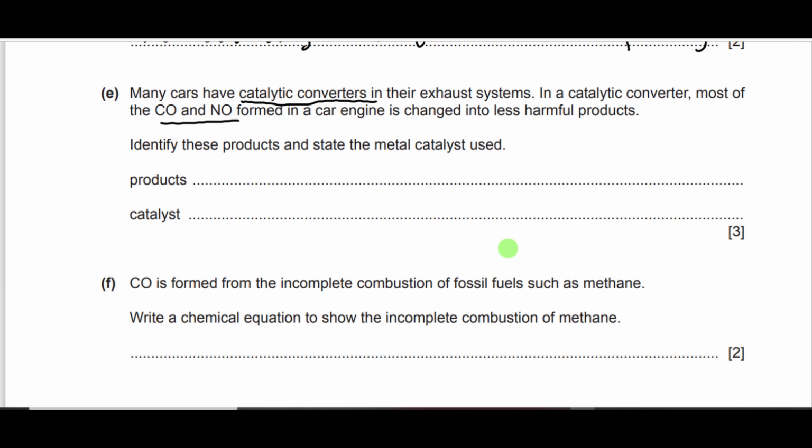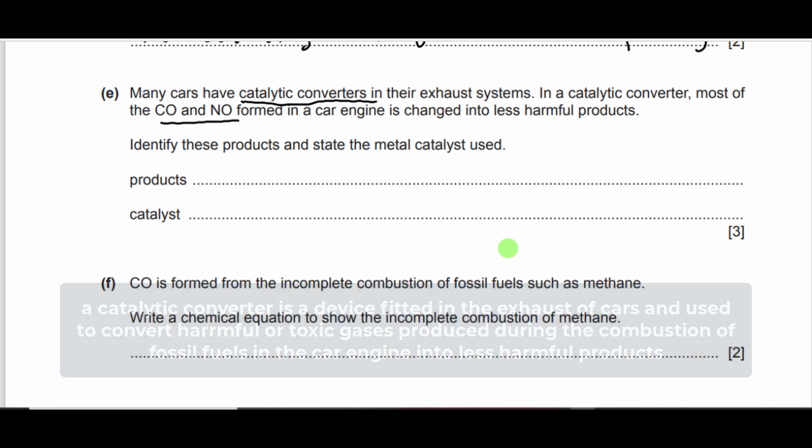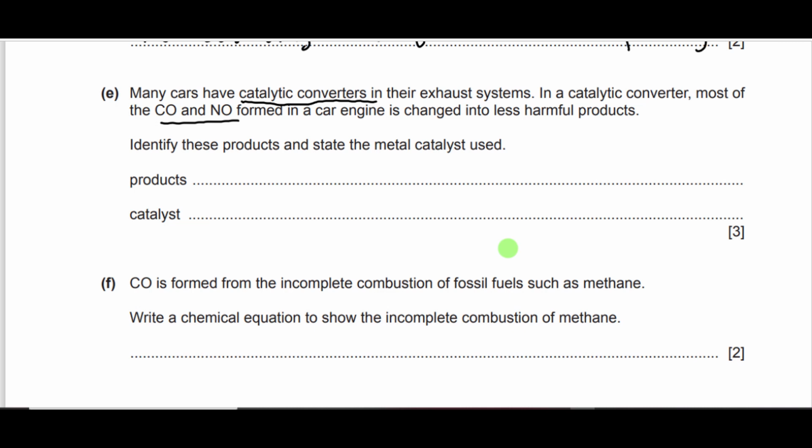Now, a catalytic converter is simply a device fitted in the exhaust of cars that converts harmful gases produced during the combustion of the fuel into harmless or less harmful products. Those harmful gases that are commonly produced are CO, oxides of nitrogen, which are NO and NO2, and unburnt hydrocarbons.